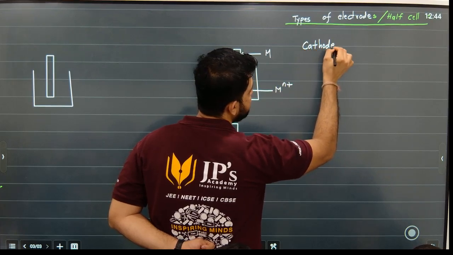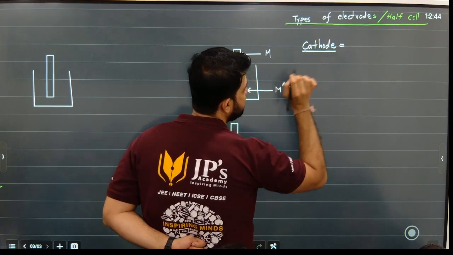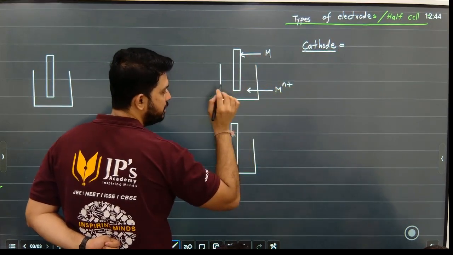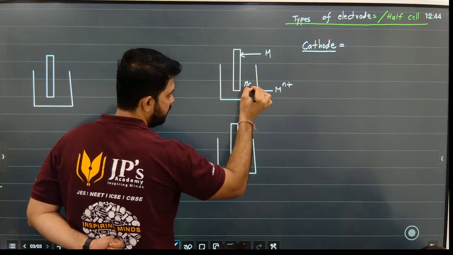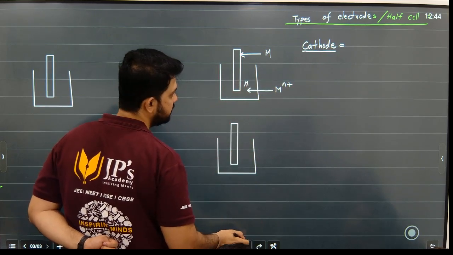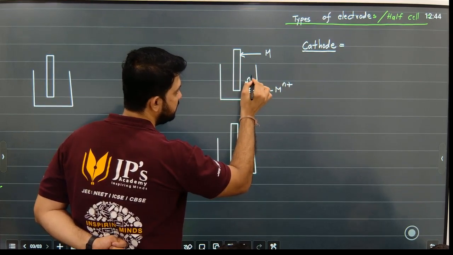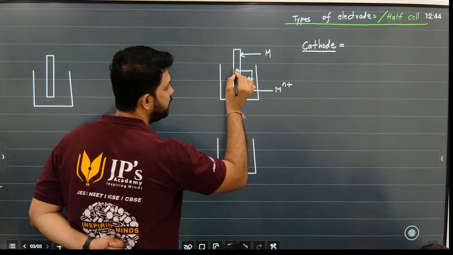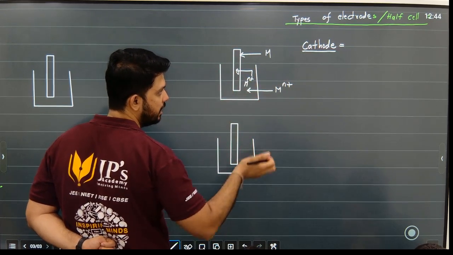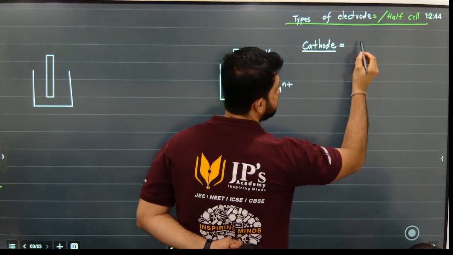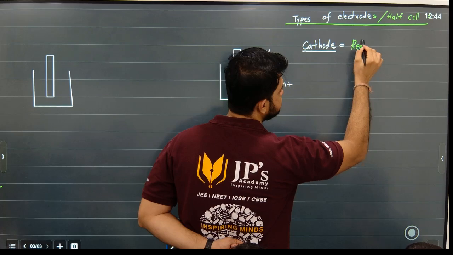So when it is behaving like a cathode, what will happen here, people? The ions in the solution accept electrons and are deposited on the rod, because at the cathode what happens? Reduction.